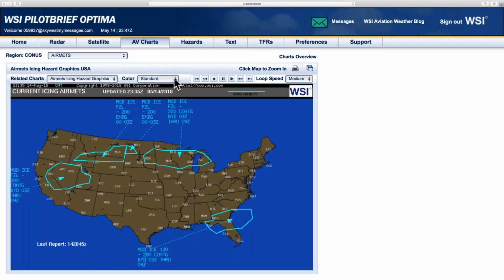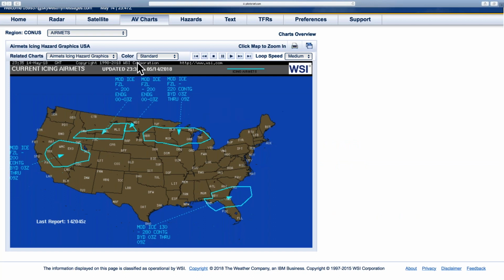I'll zoom in for you guys here. Anyways, this is just forecast icing conditions, and this is from the ground to 20,000 feet.